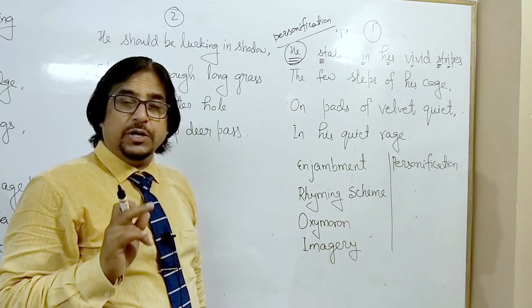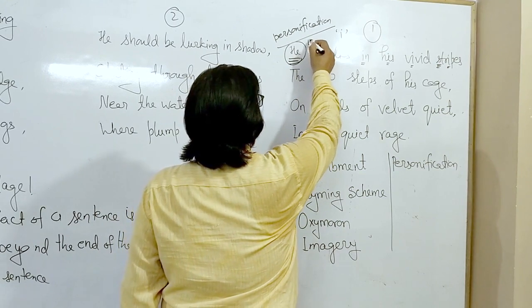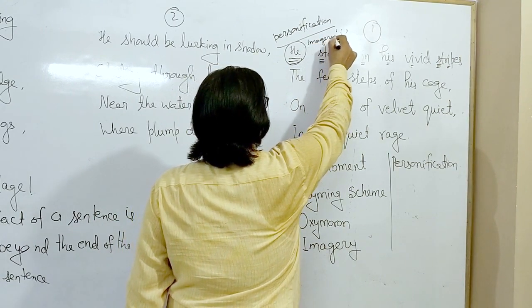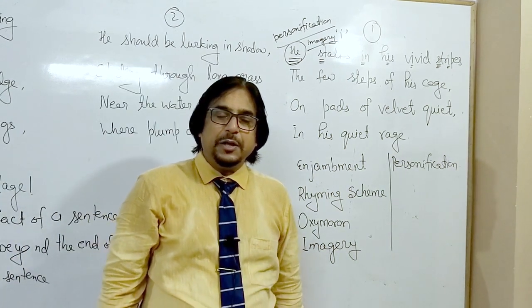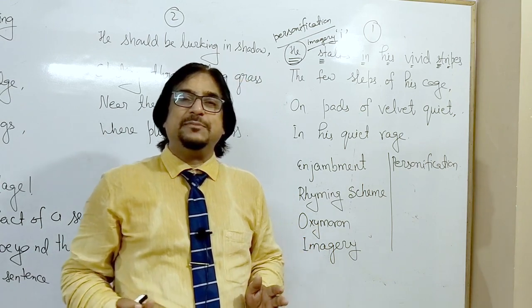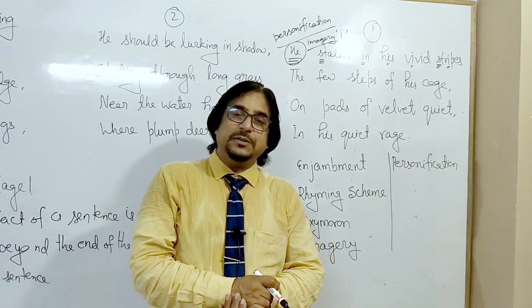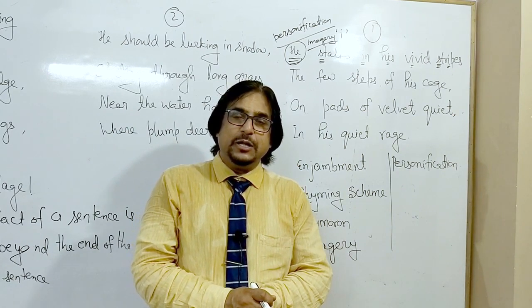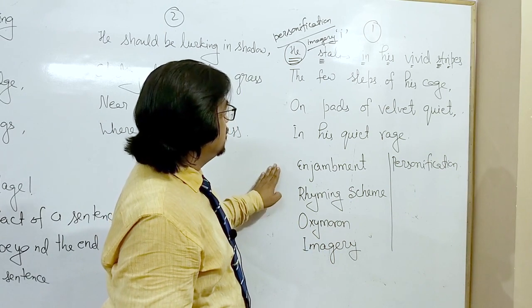Again, one important poetic device we are getting is imagery. What is imagery? When we get some special scene, some special thought in the stanza, then we can say that the poetic device imagery has been used.